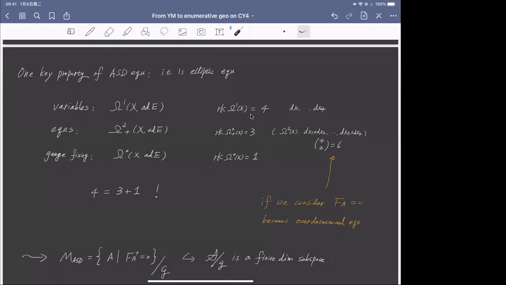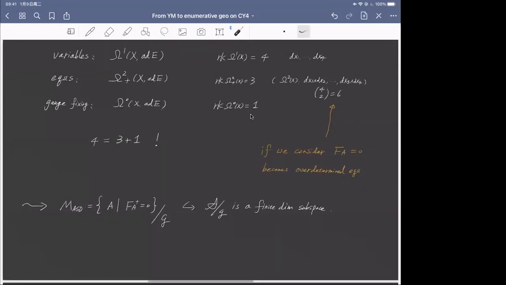So this means that if we consider the ambient space of all connections up to gauge equivalence, it is a priori an infinite dimensional space. But if we add the anti-self-dual equation, then we get a finite dimensional subspace.